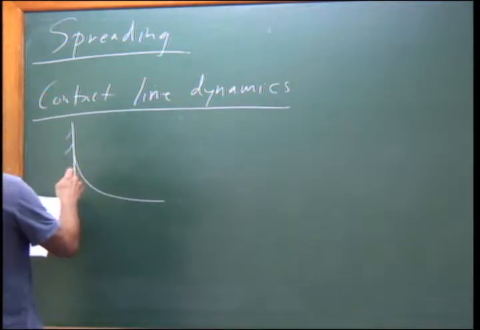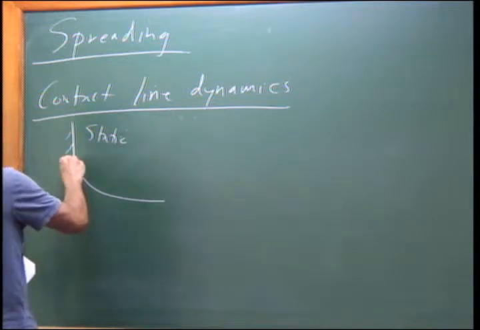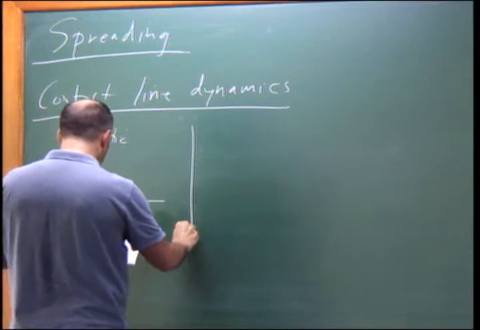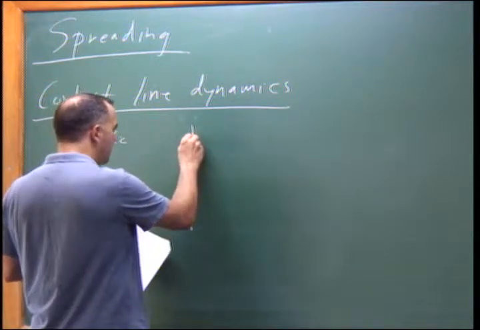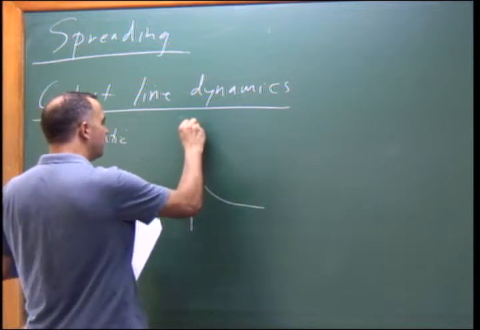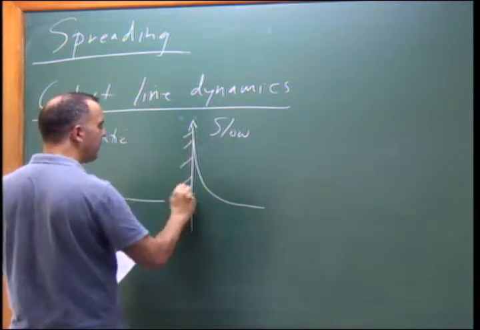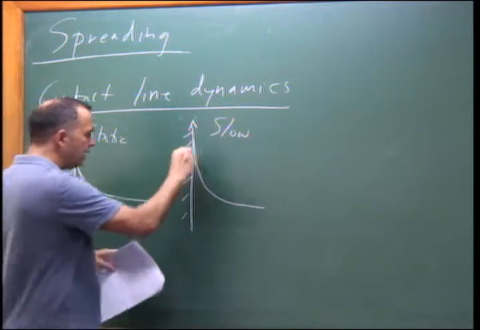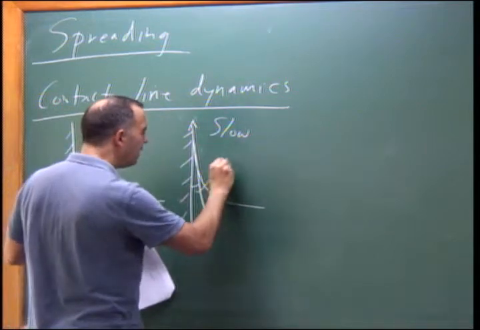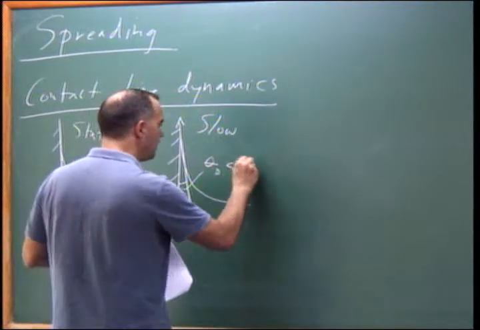Okay, so if we're static, then we know that this comes in at the equilibrium angle. And then if it's moving slowly, so this boundary is moving, then you're going to have some contact angle, let's call it theta d, which is less than theta e.